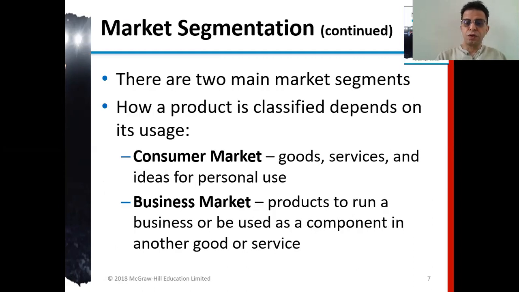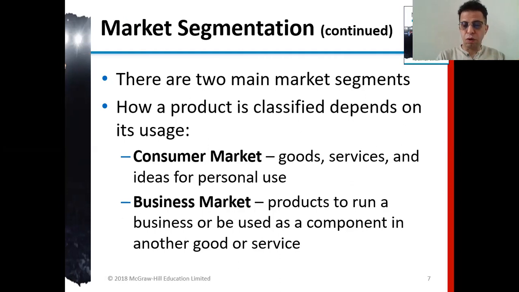There are two main markets, which we talked about in earlier chapters, classified depending on product usage: the consumer market and the business market. Last chapter we spoke about the business market.